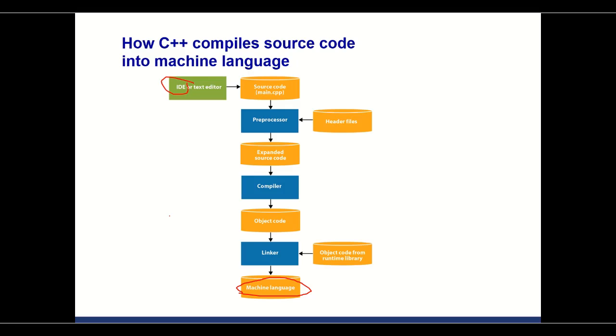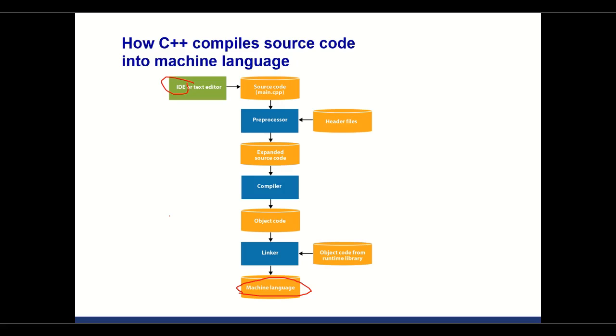An object file often has an extension of .o or .obj. In the third step, the linker links the machine language in the object file with the object code from other libraries that have already been compiled, like some utilities, maybe third-party libraries.